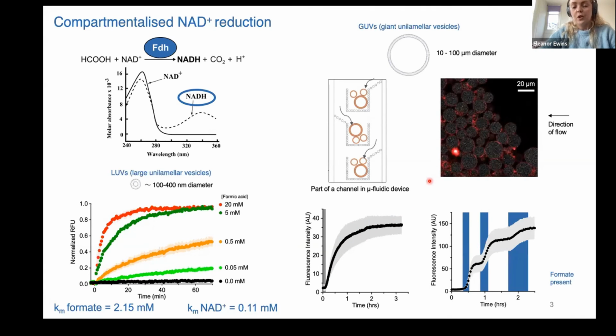And something also very unique, one might say, about this method is because we can continuously exchange the solution, we actually are able to modulate the rate of formation of this cofactor by consecutively changing whether the formate is present in the external solution or not, which would be very useful for modulating the concentration of a cofactor, for example, for subsequent reactions that use this.